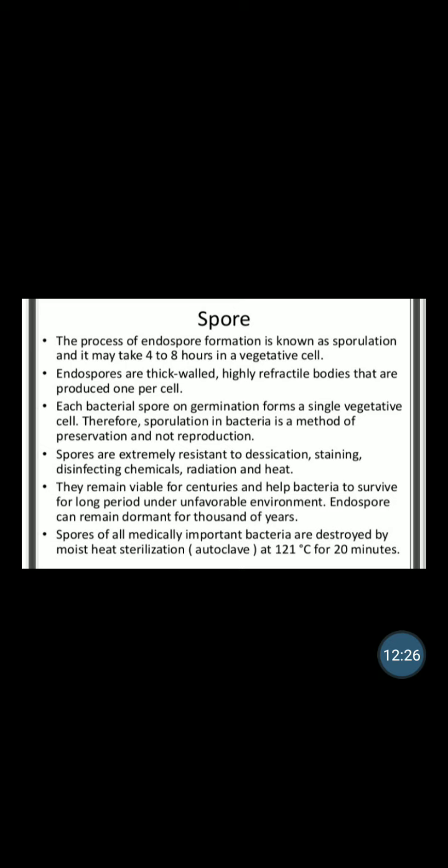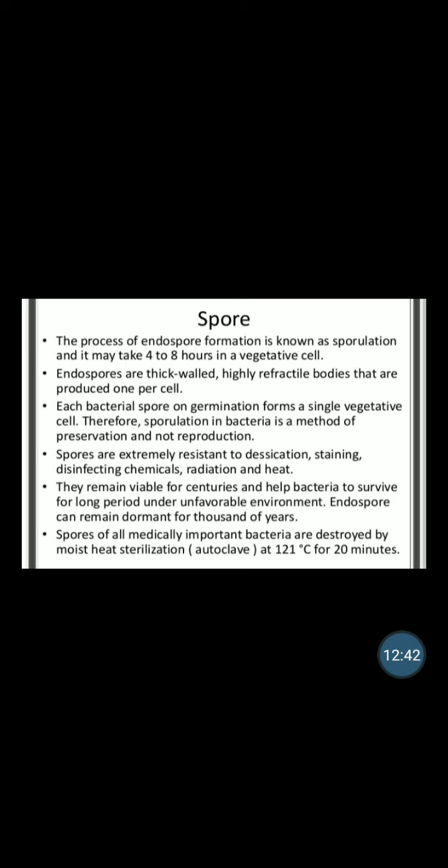The spores of all medically important bacteria are destroyed by moist heat sterilization, that is, by use of an autoclave at 121 degrees Celsius for 20 minutes.